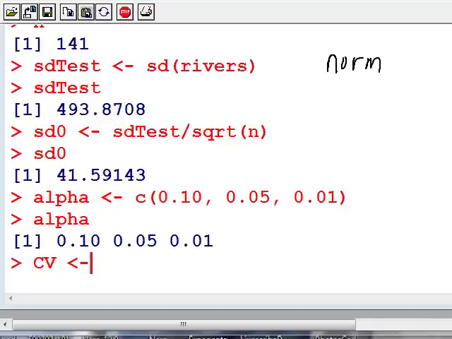Prefixes go in front of it that give you different information for this normal distribution. If I put a P in front of it, then I get a probability. If I put a D in front of it, I get a value right on the curve, the distribution curve.